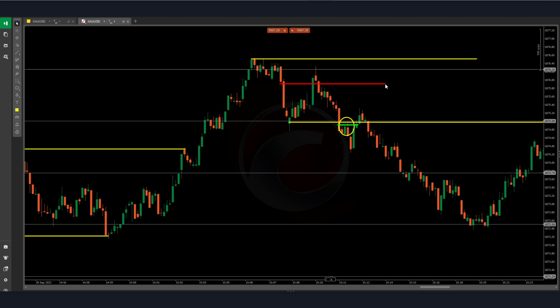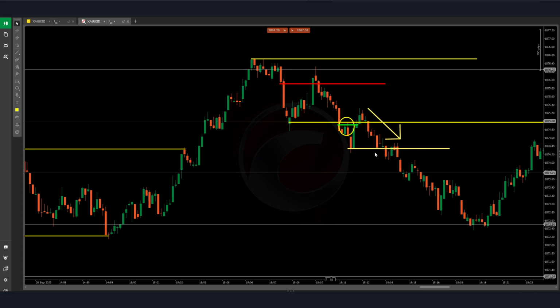This is over there, this is a 10 pip stop loss, and you can see that the price creates a new lower high, but respects this previous price sensitivity area on the left hand side. Then we see that the price is actually continuing bearish, and we can see that the momentum is going, especially as we are reassured that price is breaking below and staying below this last low.